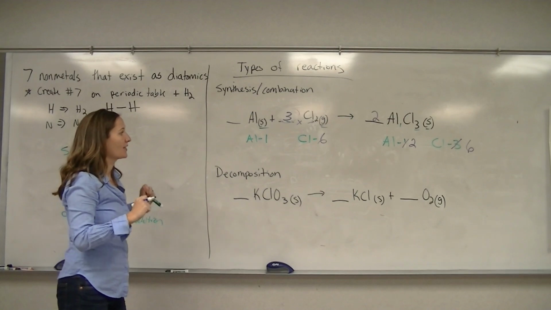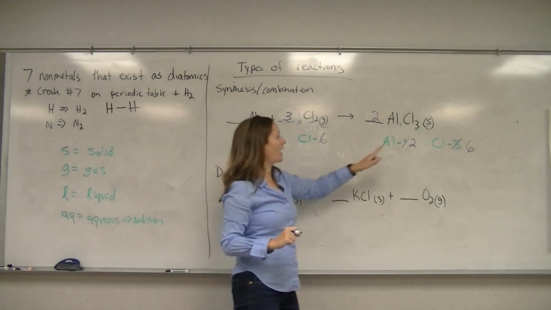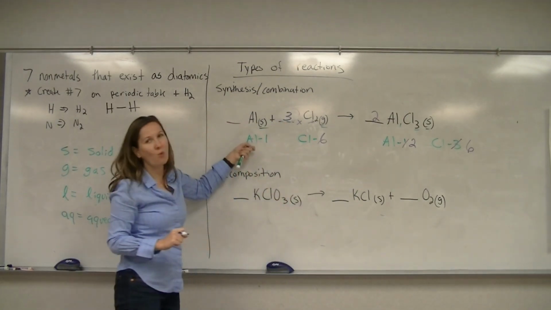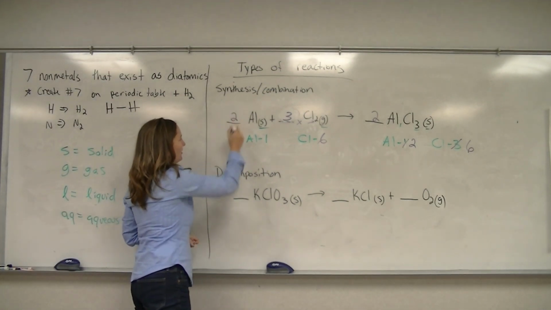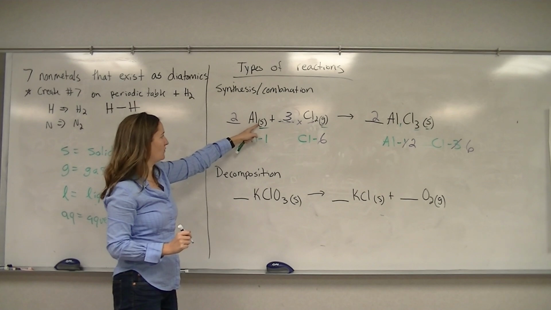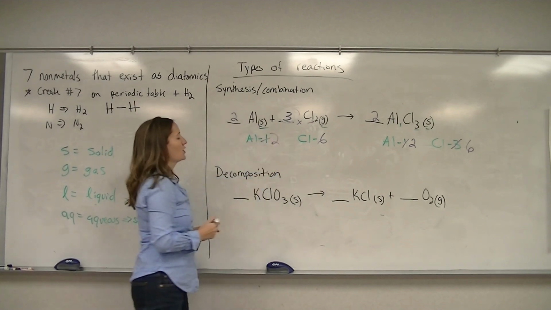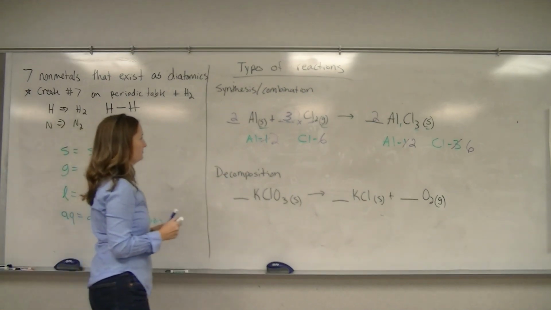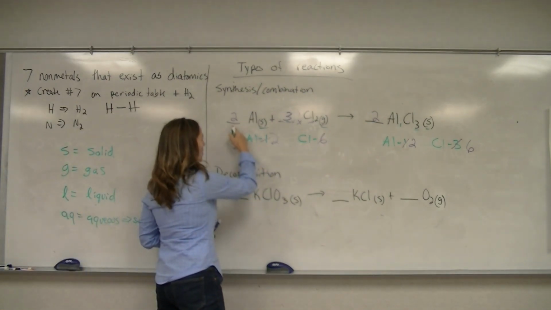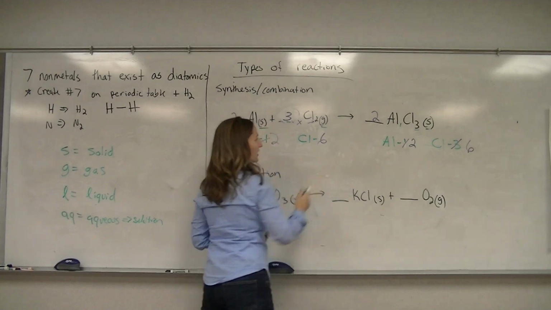Good. Let's balance my aluminums. I have 2 on the product side and just 1 on the reactant side. So I just put a 2 here. 2 times the coefficient of 1 gives me 2. So now it's a balanced equation. So coefficients of 2, 3, 2 give me balanced.